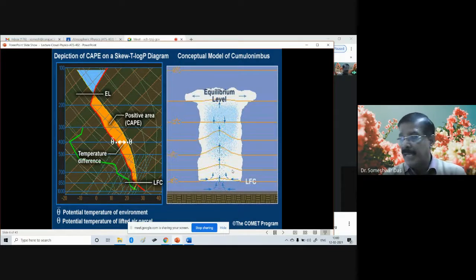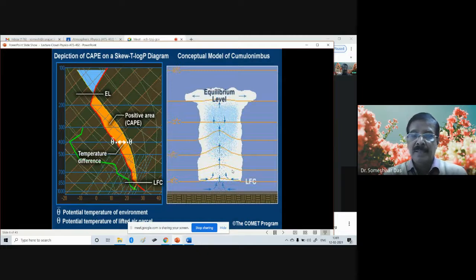Now the question is: what should be the supersaturation at which the cloud droplets start forming? Initially the cloud droplets form like a very tiny embryo, depending upon whether the air is clean or not.